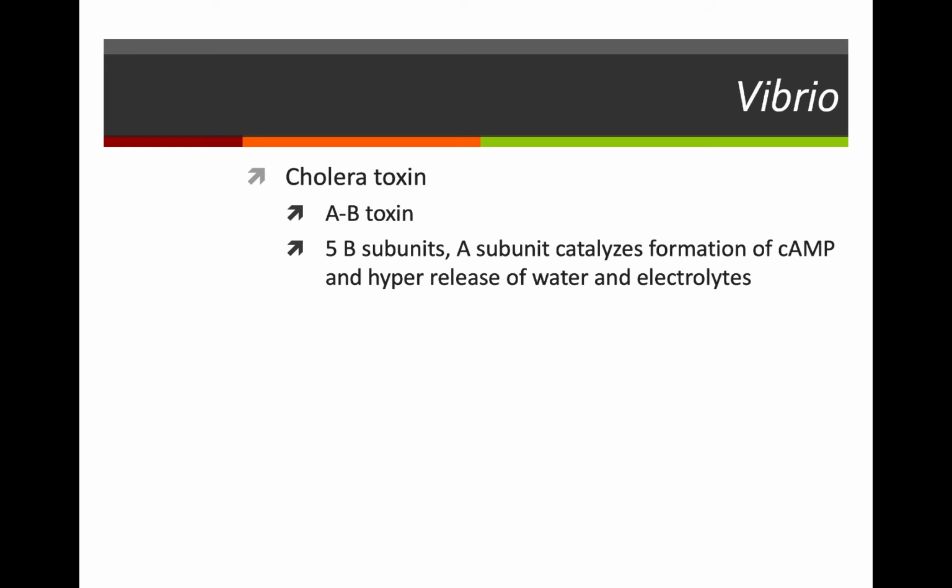When the cell has too much cyclic AMP, that alters the ion balance in the cell, which leads to a hyper release of water and electrolytes. And that water will flow from the intestinal cells and from the blood vessels surrounding the intestinal cells into the intestinal lumen, which is why you get a copious volume of watery diarrhea.